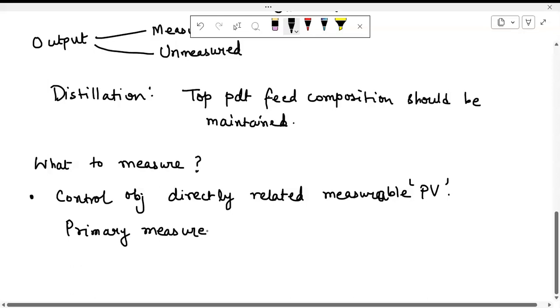For example, in the CSTR case, we wanted to keep T at T equals Ts, so we can directly measure T. That is a primary measurement. But if the control objectives are related to some unmeasured outputs, or outputs that can't be measured, what do we do in that case?